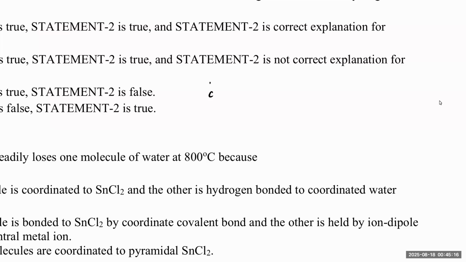See, C double bond O, O minus, and O and H here, and then again it is connected to O minus, C double bond O, O and H. Again it is connected to O minus, C double bond O, O and H. So I hope you got the logic here.